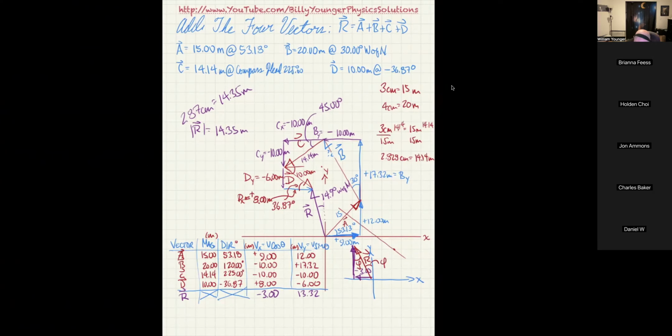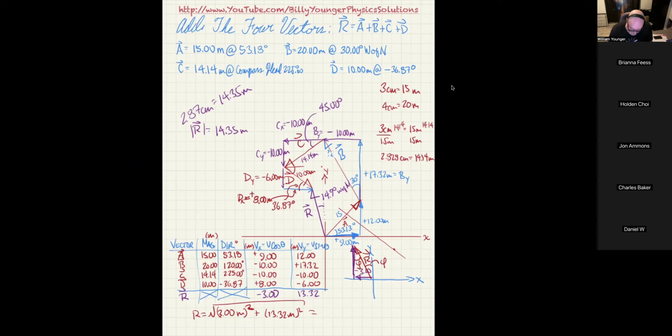Okay? So R is equal to the square root of 3.00 meters squared plus 13.32 meters squared, and then take the square root. In other words, the Pythagorean theorem works. Of course, if you had 3 components, you would actually have the Pythagorean theorem with three squared terms.